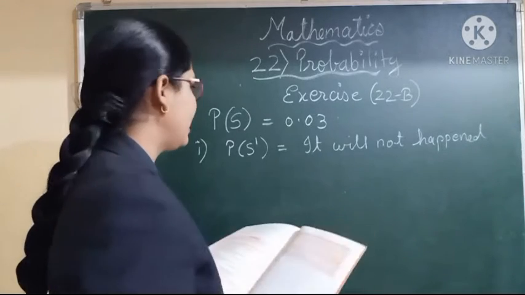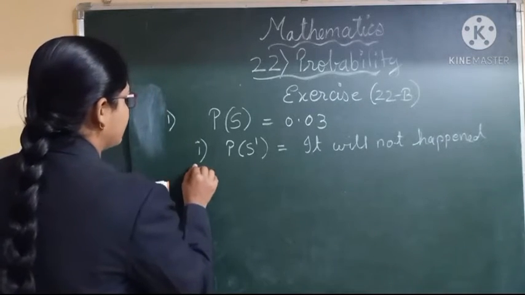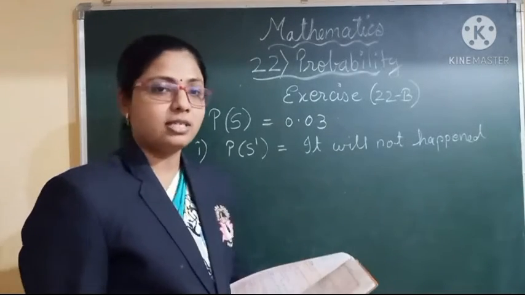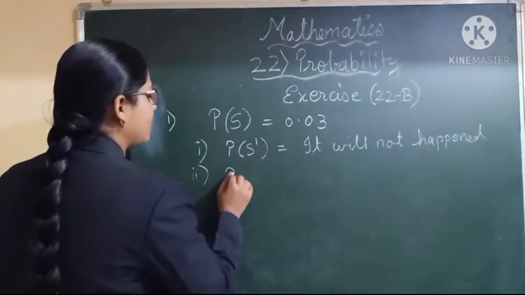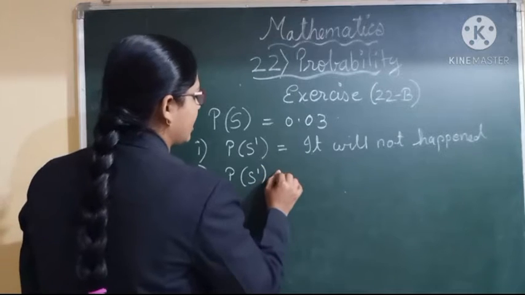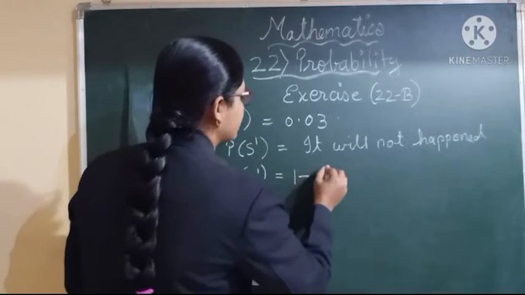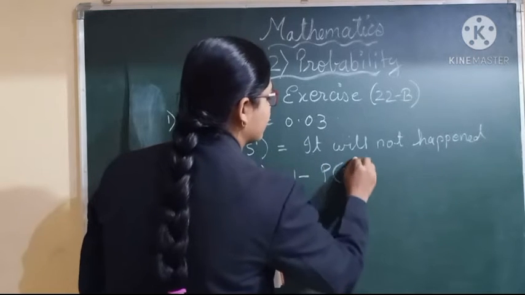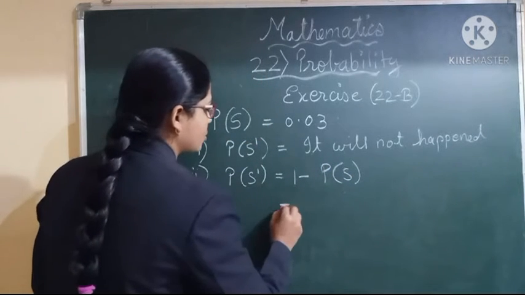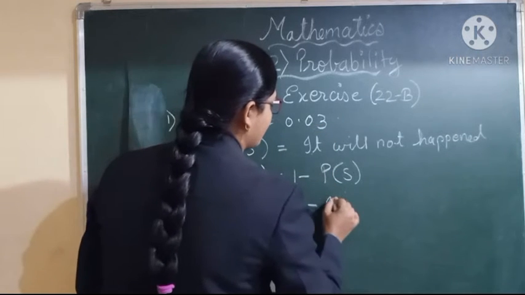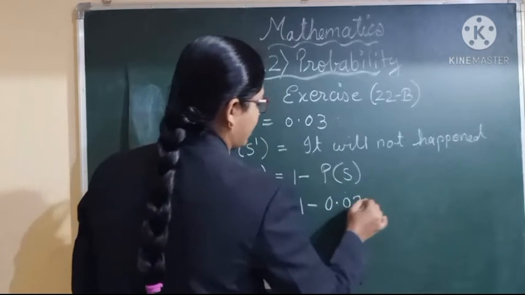So again, the second question asked in this is to find the probability of S dash. We know the formula: probability of S dash equals 1 minus probability of S. So 1 minus 0.03.